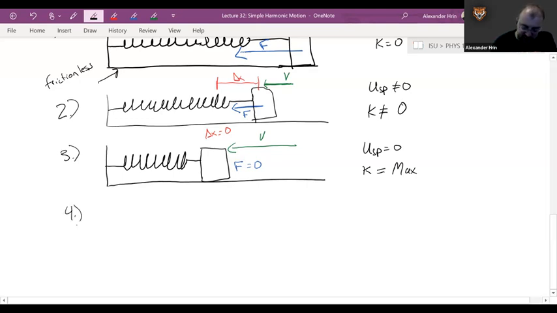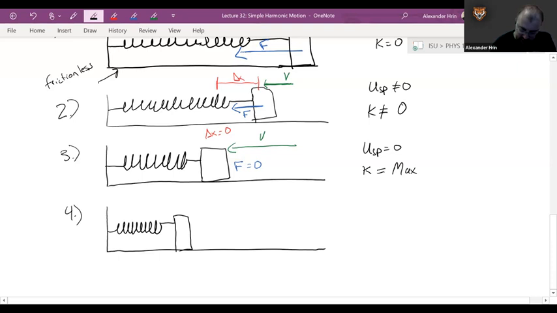Now, if we watch this into the next step, it's a little bit compressed. I wanted the box to be a little bit bigger. What we have there now is some delta x, and again, it's not the maximum delta x.